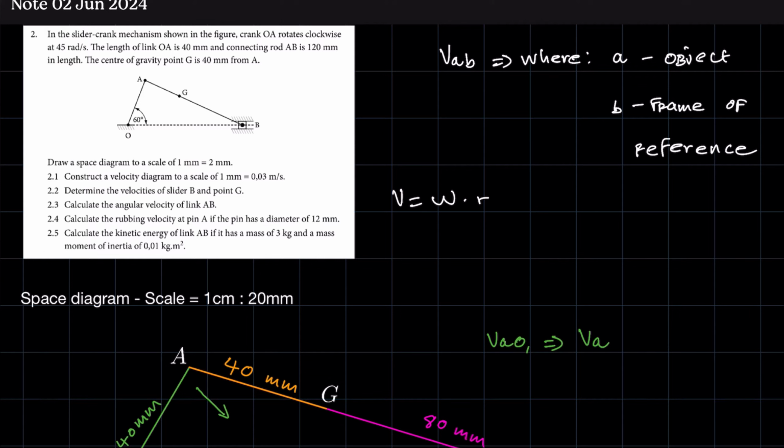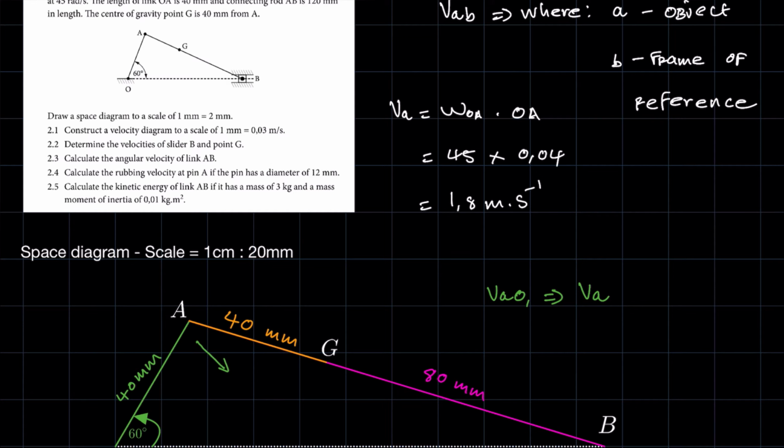The way we do that is you look at your velocity of the crank. It's 1.8 meters per second. If we were to say our scale is going to be 1 centimeter is equal to 1.8 meters per second, that scale would be too small. Why?